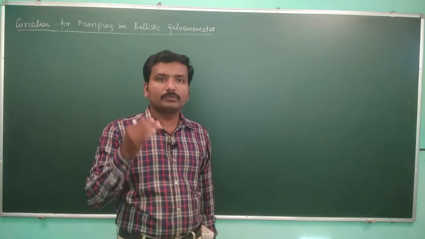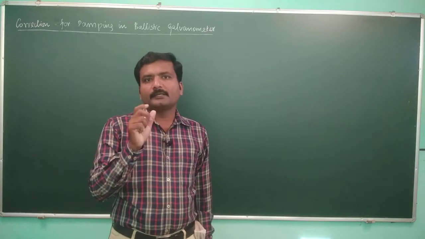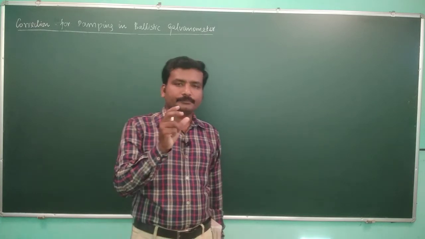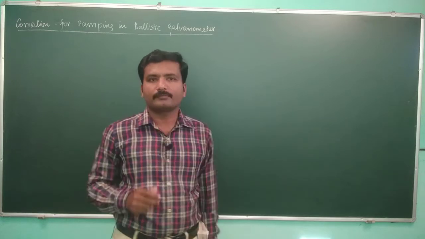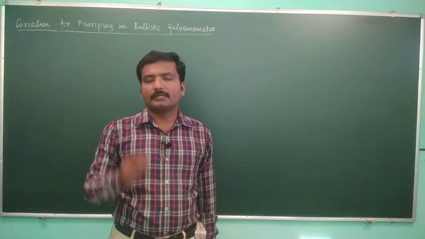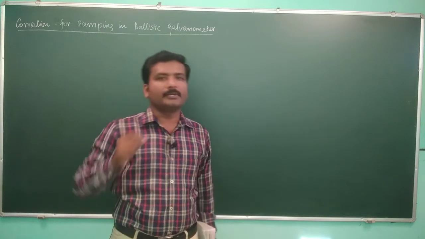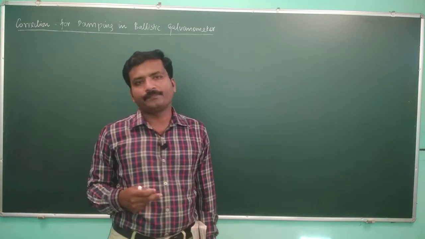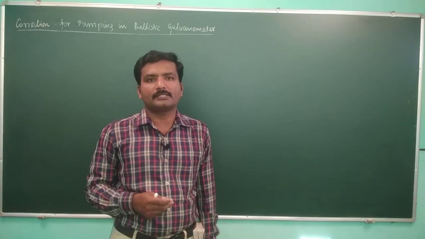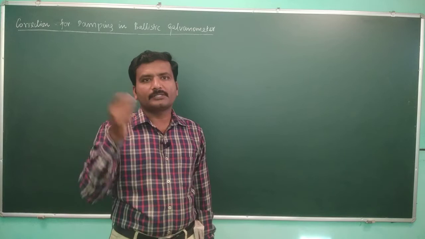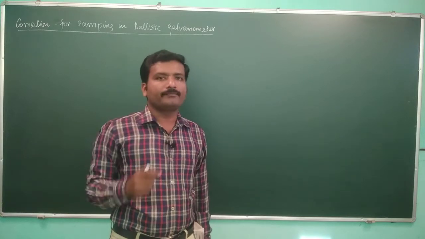So these are the two things which prevent the coil from throwing to a maximum distance, when we apply a spot of light to the mirror present behind the coil in the ballistic galvanometer.